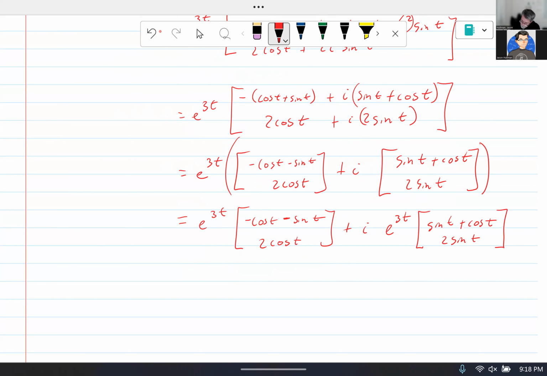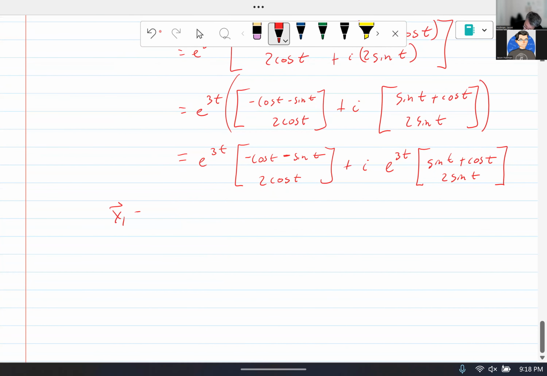If I take these individually, this is going to be my x1, just this guy here, and x2 is this guy here. The real component is one solution, one part of the solution to the differential equation, and the imaginary component is another solution. Let me move this down here.